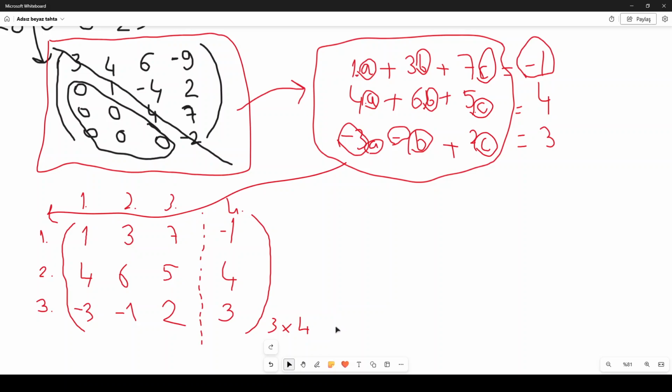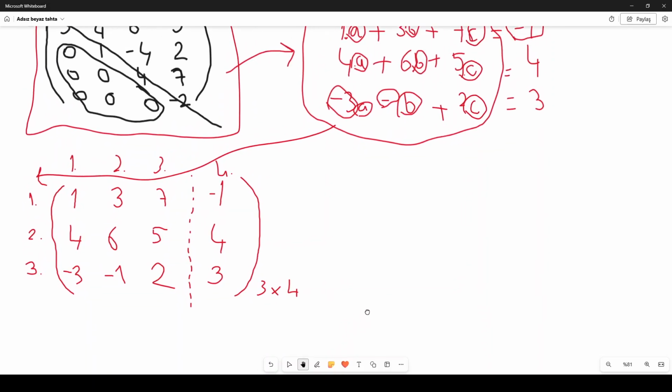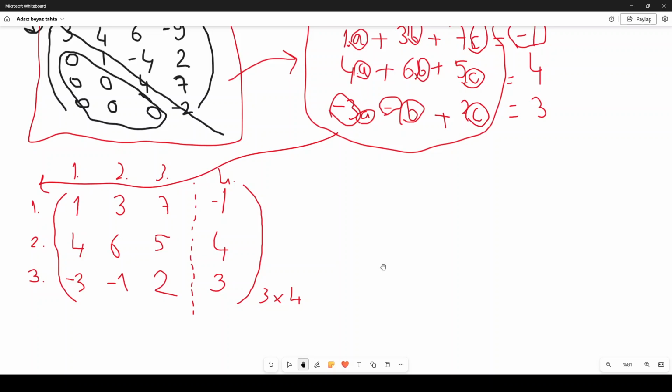Now we are at the exact point to explain what the Gaussian elimination method is and how it is performed on a given system of equations.